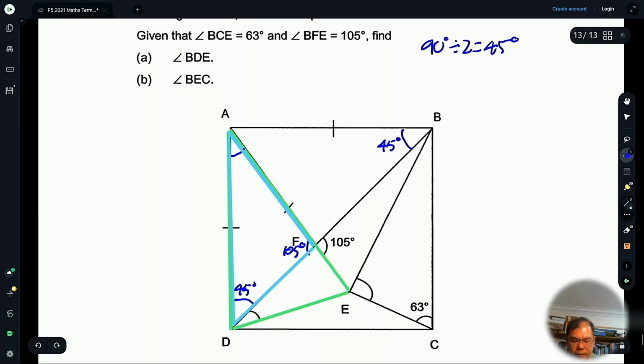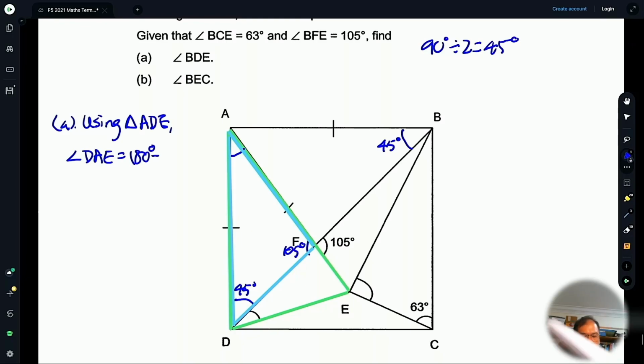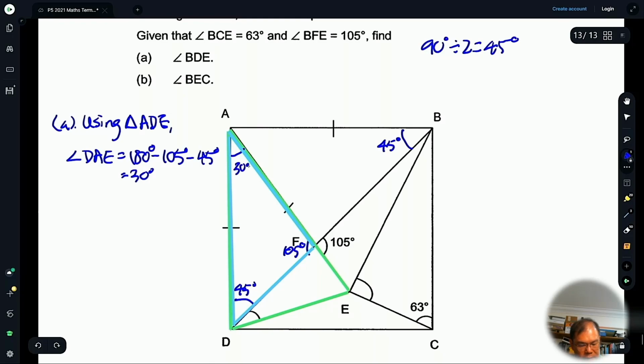So to find this angle here, angle DAE would just be 180 degrees minus 105 degrees minus 45 degrees, and that will be 30 degrees. So this is 30 degrees. So now I know that this is 30 degrees.